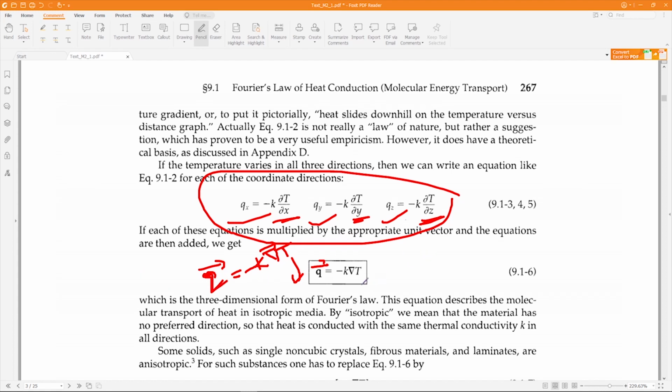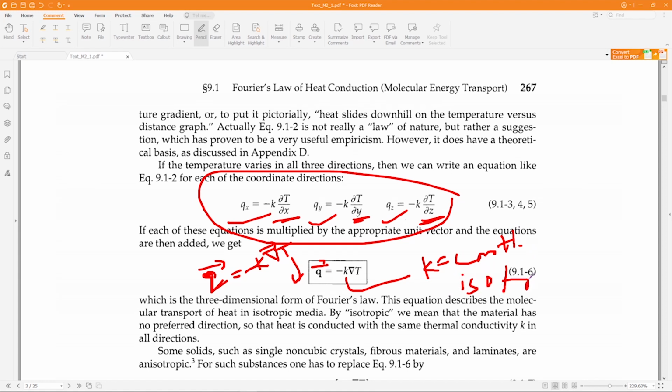Now this is an assumption that k is constant. K does not change, it is not a function of direction. K is constant for materials called isotropic.